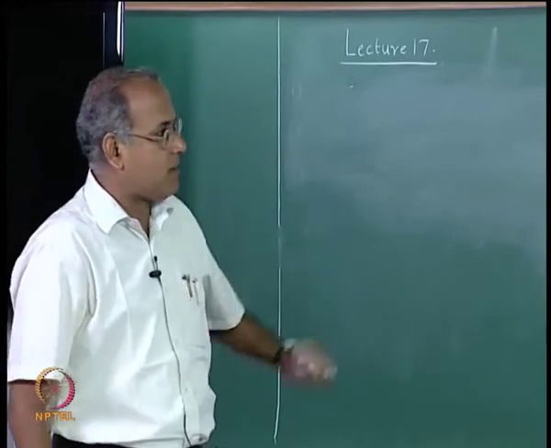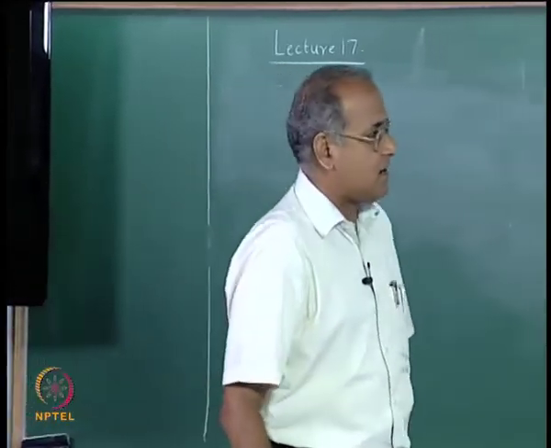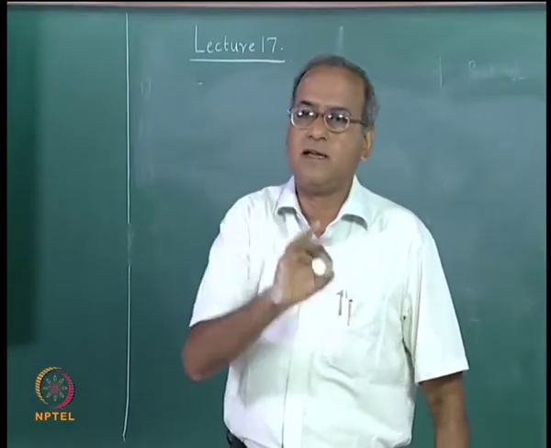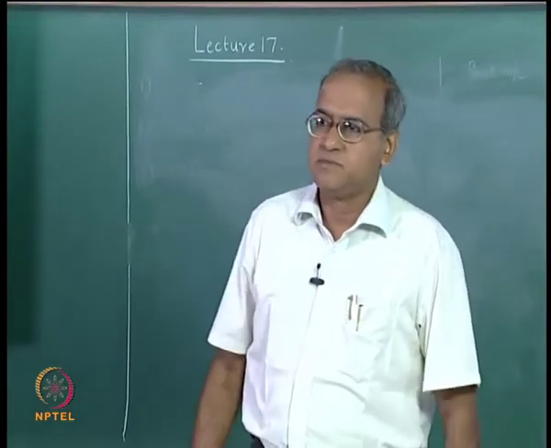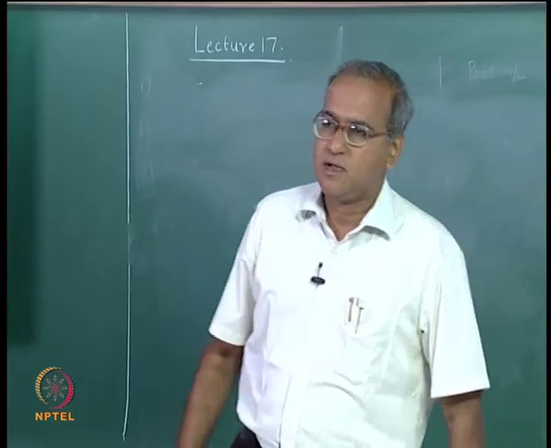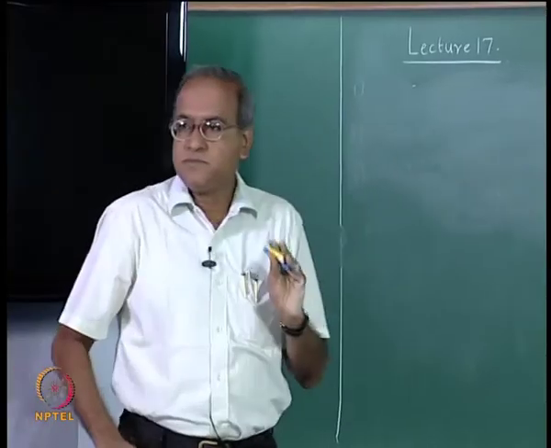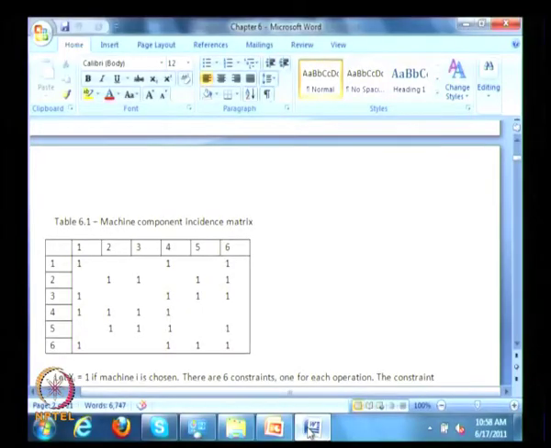So, the simplest problem is, in order to carry out all these 6 operations, what is the minimum number of machines that I require to create a cell? Note that part j does not visit all the machines where Aij is equal to 1.